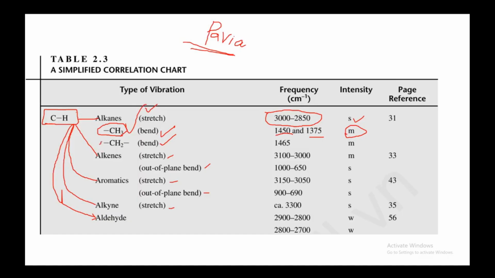How can you assign a peak to a CH2 group? If you see a peak at 1465 and the intensity is medium, then we can safely say that this peak is due to the CH2 unit.